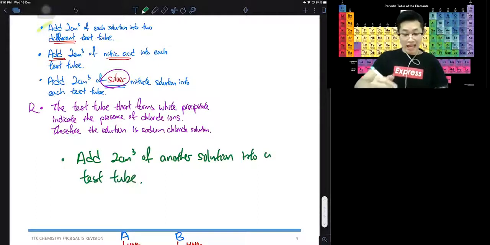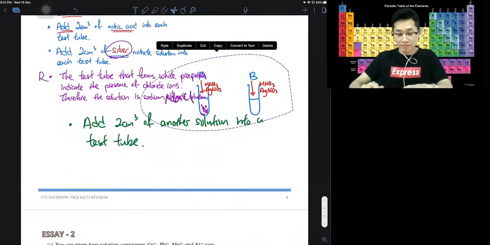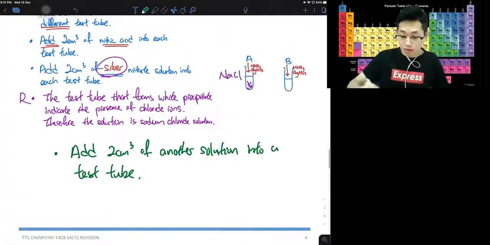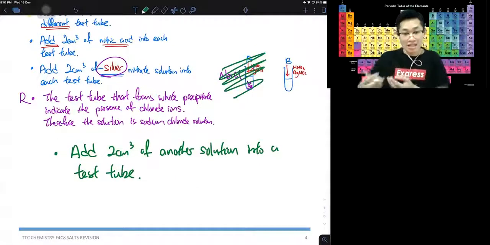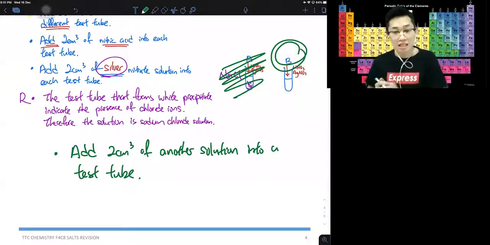So I already know A is NaCl. So now I add this other solution, from bottle B, into another test tube.